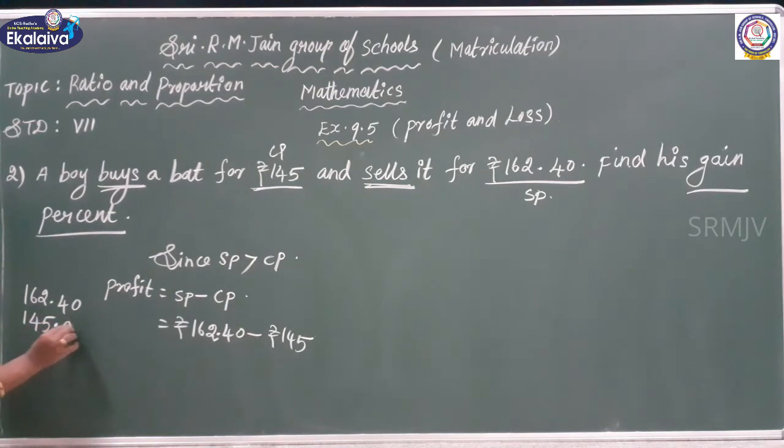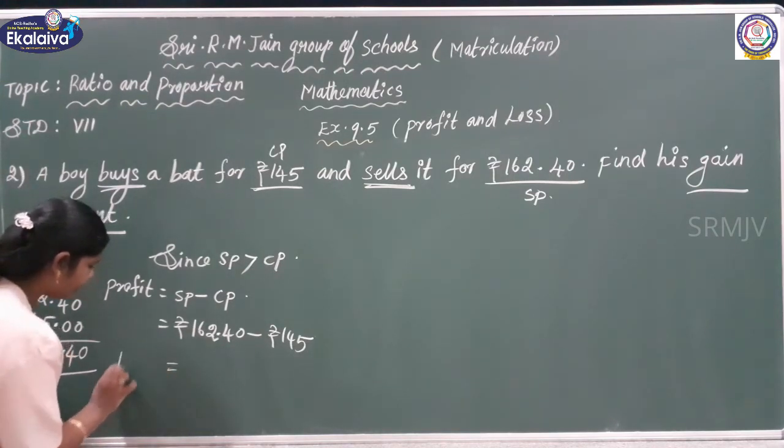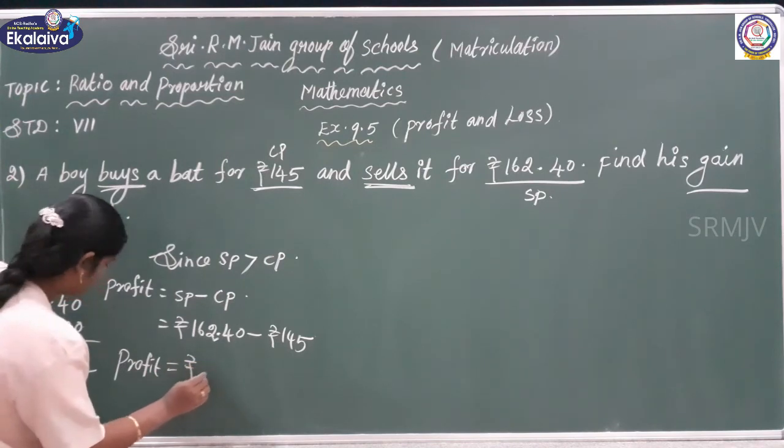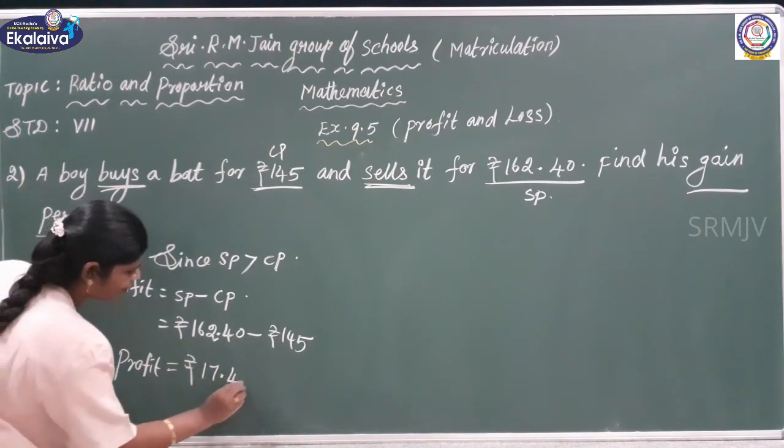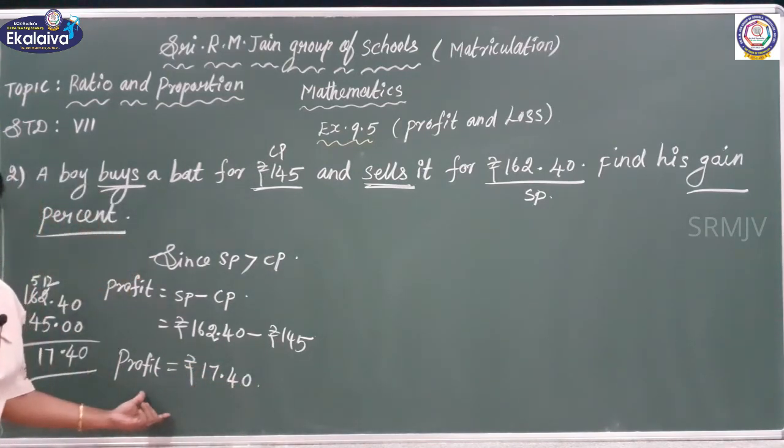Keep the dot and add 0. Okay. Subtract 0, 4. Here 2 minus 5 we can't do. 5, it becomes 12. 12 minus 5, 7. 5 minus 4, 1. So, profit equal to rupees 17.40. Is it clear, children?